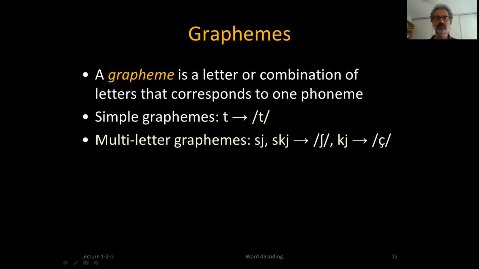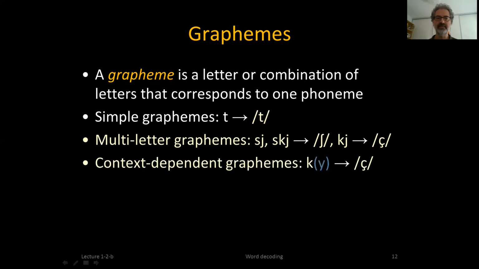But there are also multi-letter graphemes. So in Norwegian, this combination and this combination map onto this phoneme. So these are multi-letter graphemes. There are also context-dependent graphemes. For example, this letter, when followed by this one, is actually pronounced h, not k.